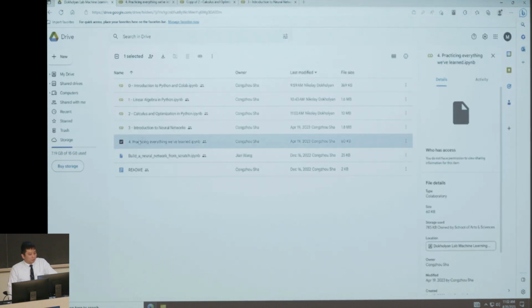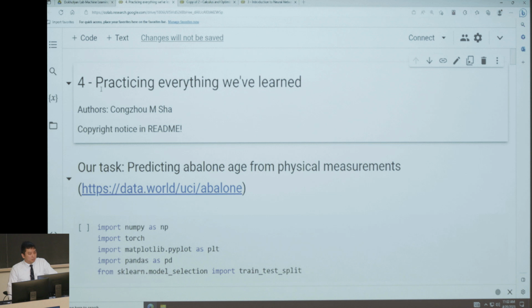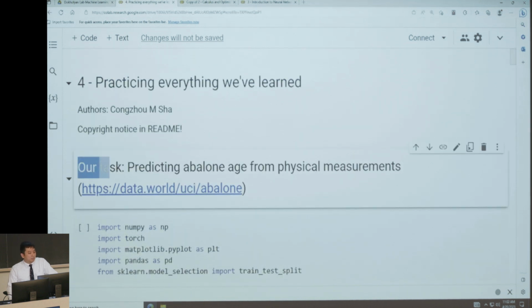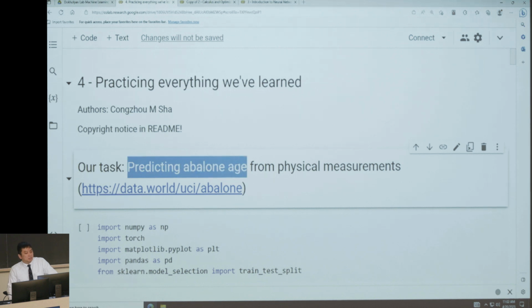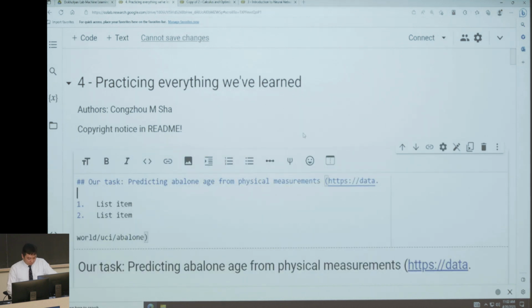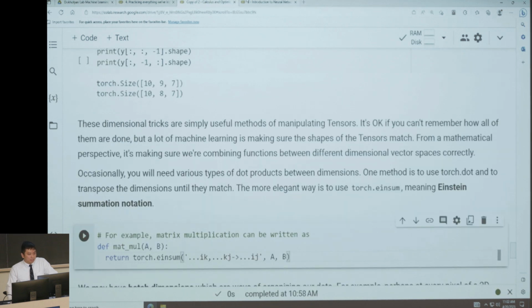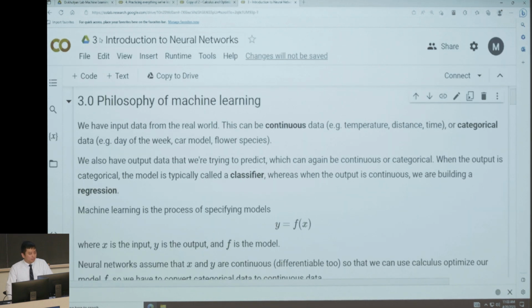This is the fourth notebook that I made. Our task ultimately will be to predict abalone age from physical measurements. OK, so let's move on to this third session, an introduction to neural networks.